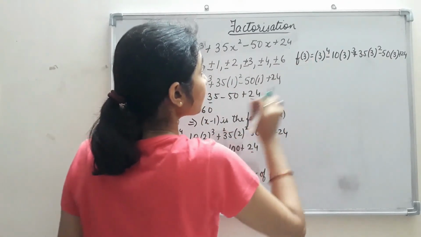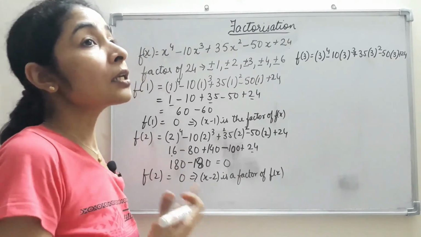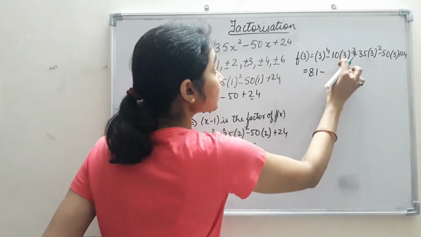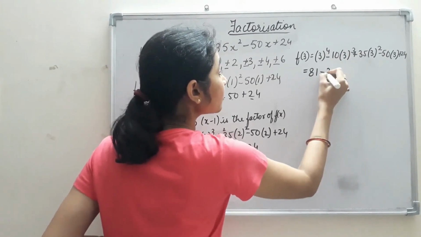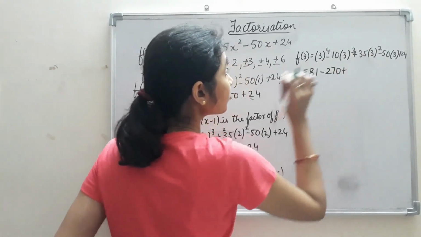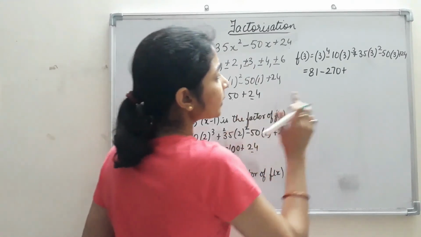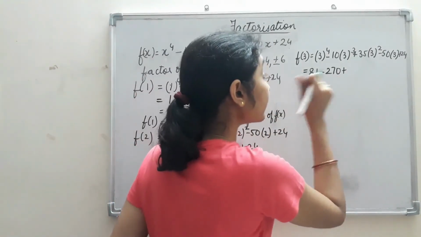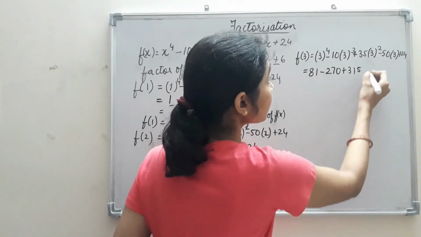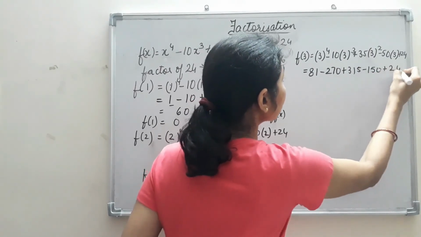Now 3 raised to the power 4, 3 3s are 9, 9 3s are 27, and 27 into 3 gives me 81. Minus 3 3s are 9, 9 3s are 27, and 27 into 10 gives me 270. Plus 35 into 9, 9 5s are 45, and 9 3s are 27, 315 it gives me. Minus 50 into 3 gives me 150 plus 24.